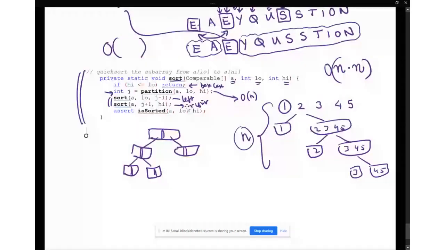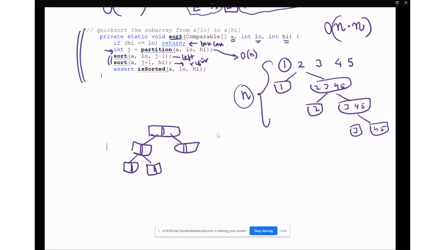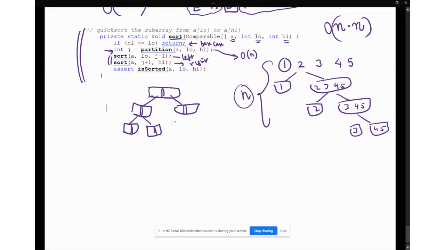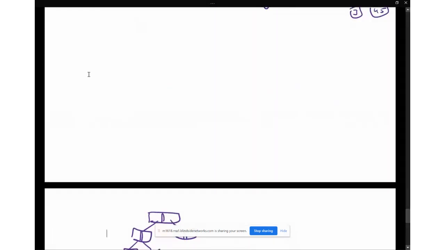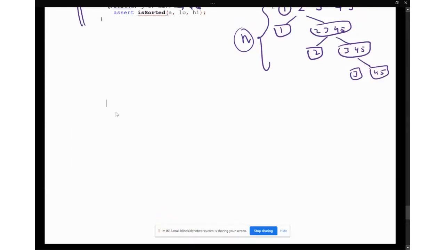Okay, now let me ask you this question. Here's the question: can we use partitioning to find the median?